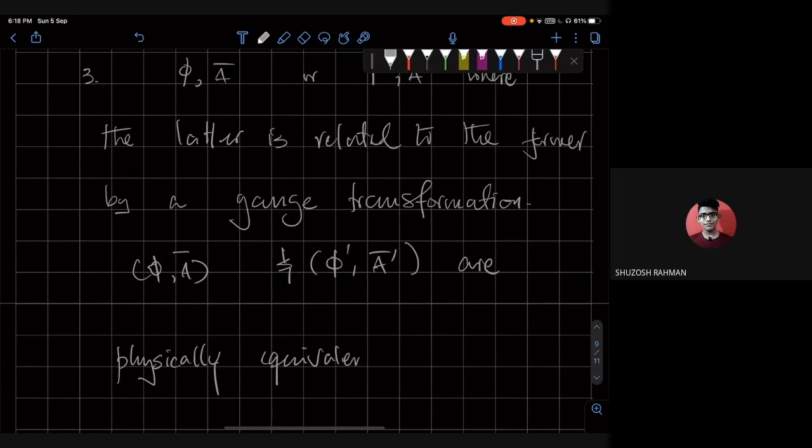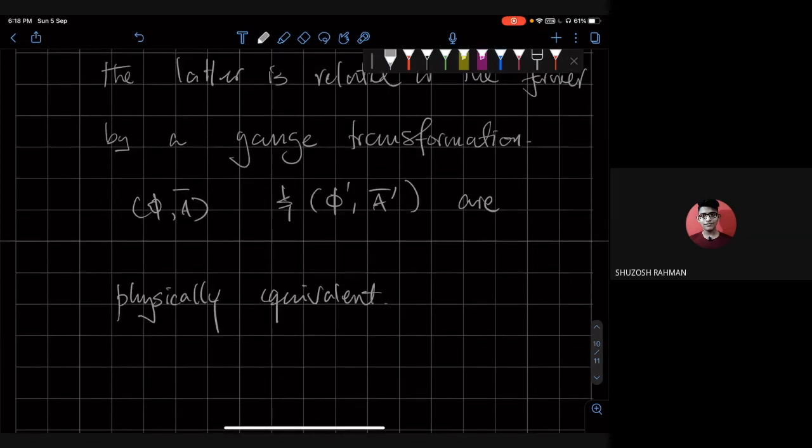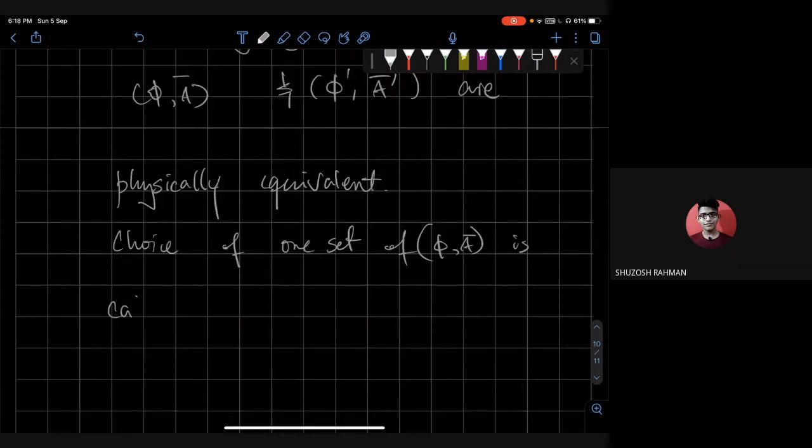So whether you use one or the other is a matter of convenience. But the choice of one set of phi and A is called a gauge choice.